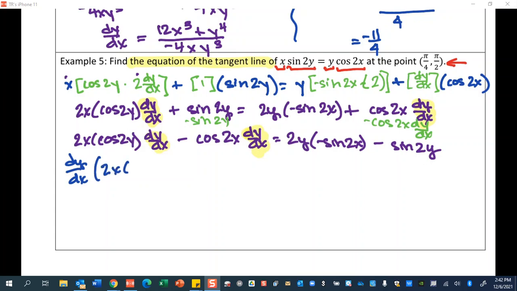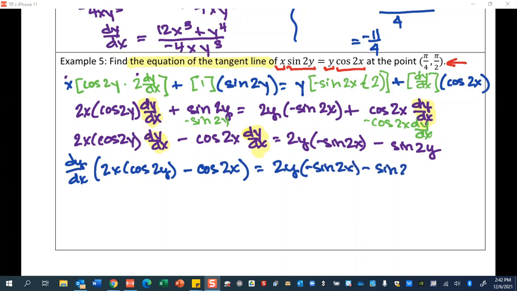It's the F word of algebra. 2x cosine of 2y minus the cosine of 2x. 2y times the opposite of the sine of 2x minus the sine of 2y. Now it's time to divide. Divide by this entire thing, divide by this entire thing.